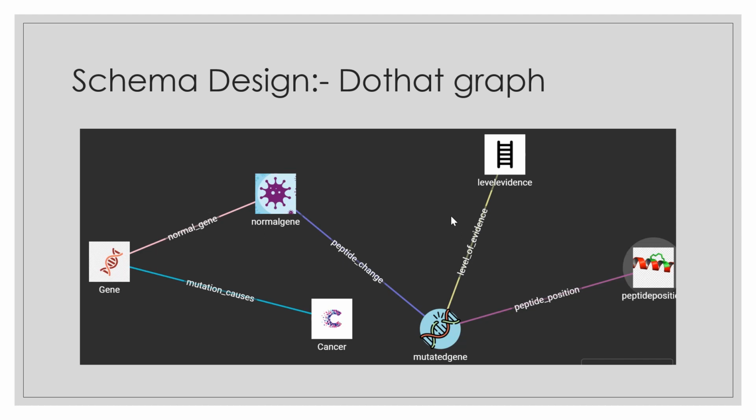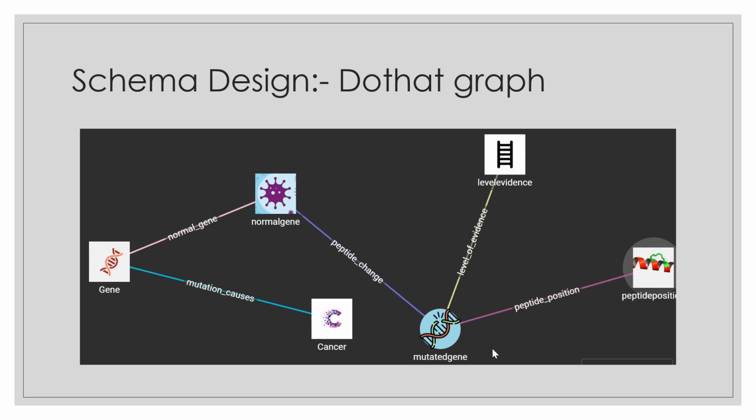these evidences have been provided by different researchers over the years, and accordingly they have been given a hierarchy of 1 to 4, 1 being the highest, 4 being the lowest. We have also mentioned where the peptide position has changed, and with the mutation changes that have occurred, there is a cancer that has happened.